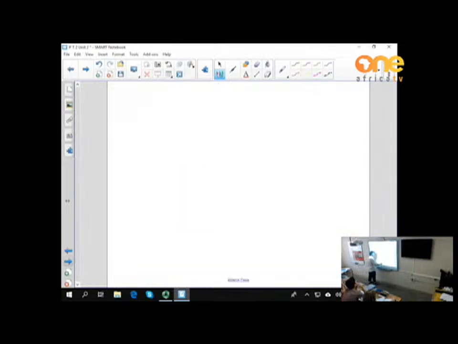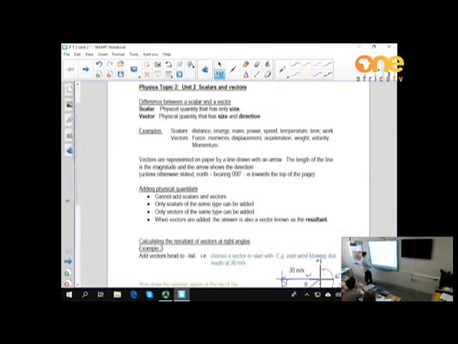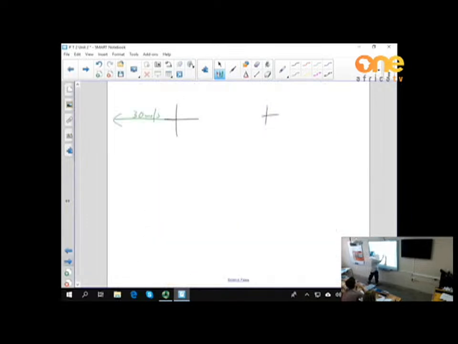The first one, we had 30 meters per second in that direction, and we had another vector. What was the value? 20 meters per second going down. Okay. We had a vector 20 meters per second working in that direction.